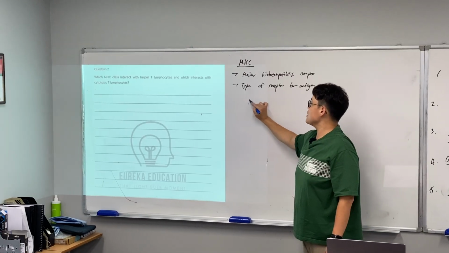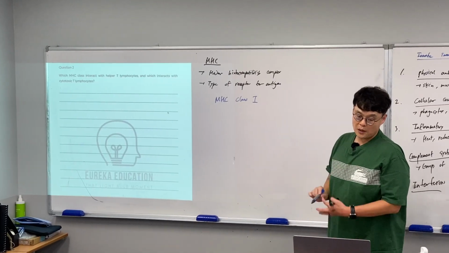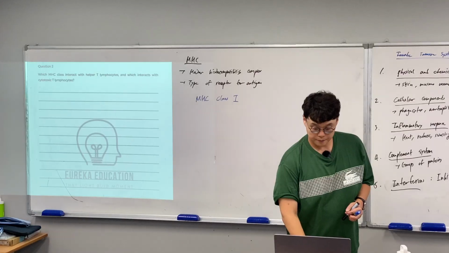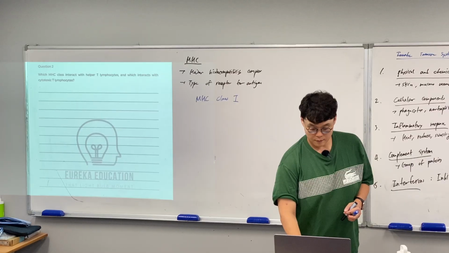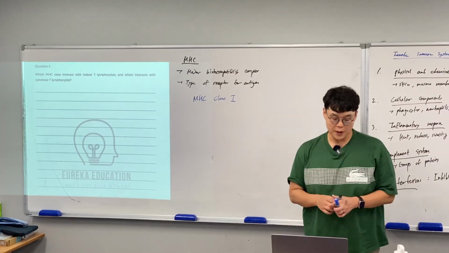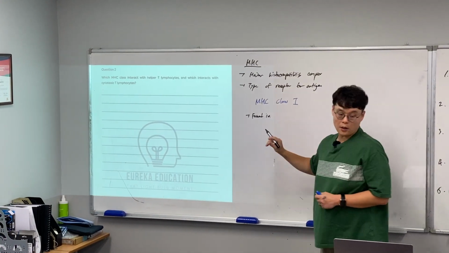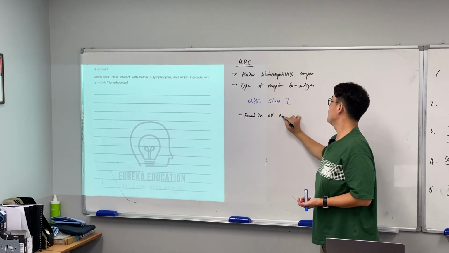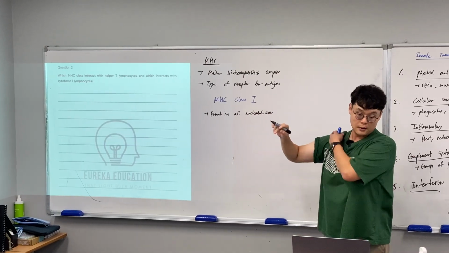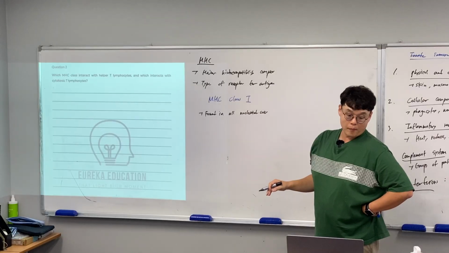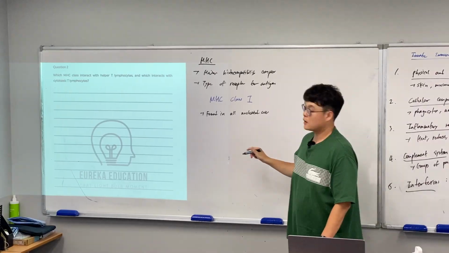There are two types of MHC. The MHC class 1 is basically found in all the nucleated cells. Okay, and it's important here.